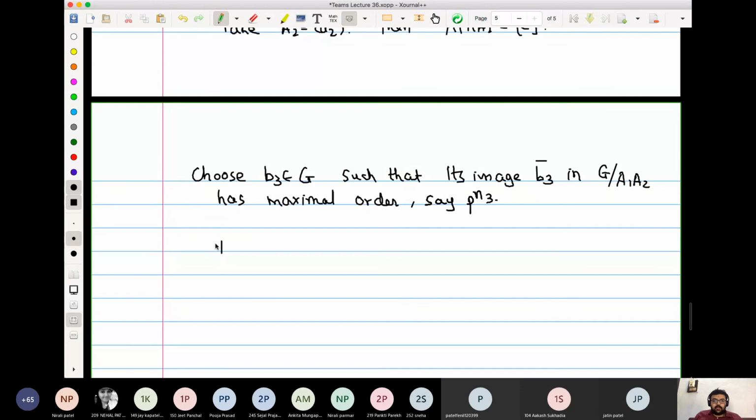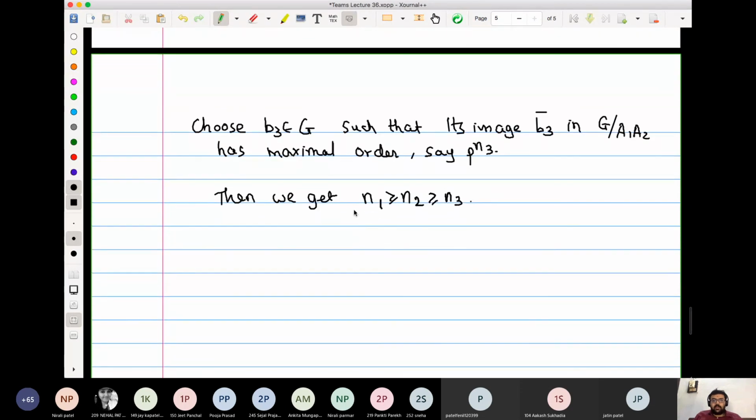So then we get N1 is greater than or equal to N2 is greater than or equal to N3, and A3 intersection A1 A2.